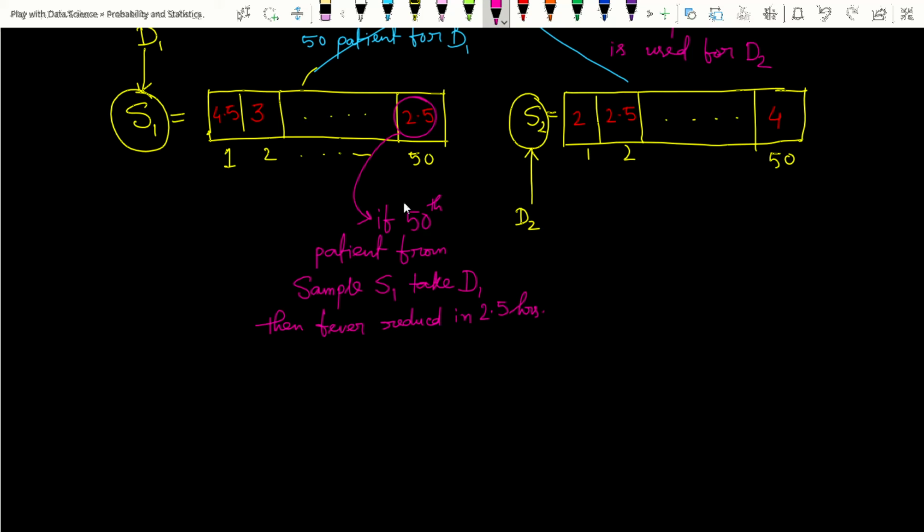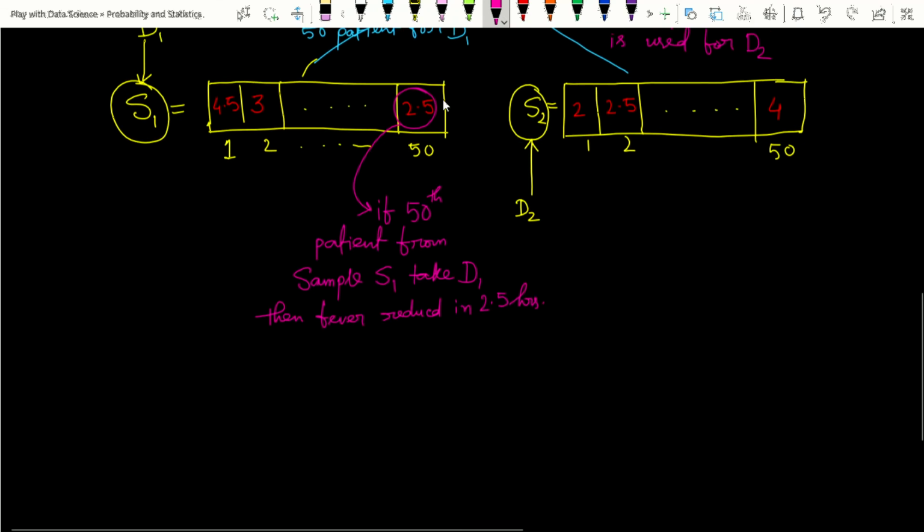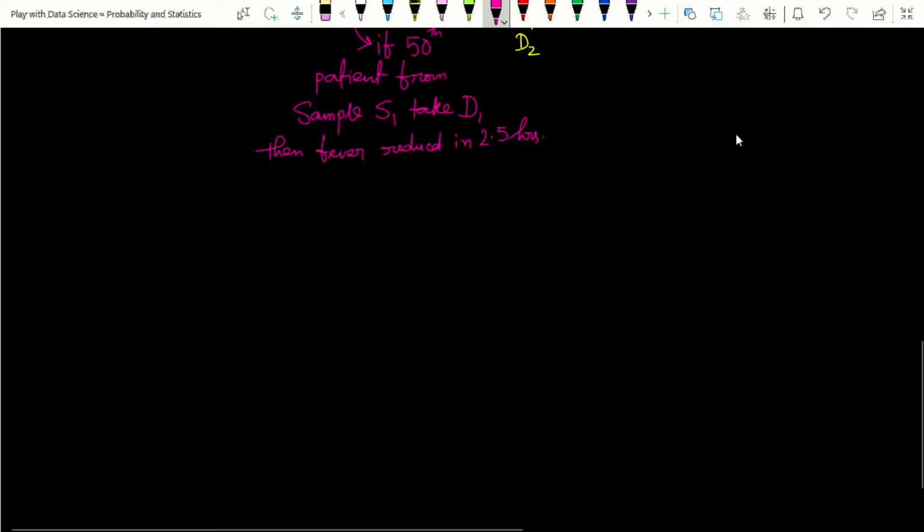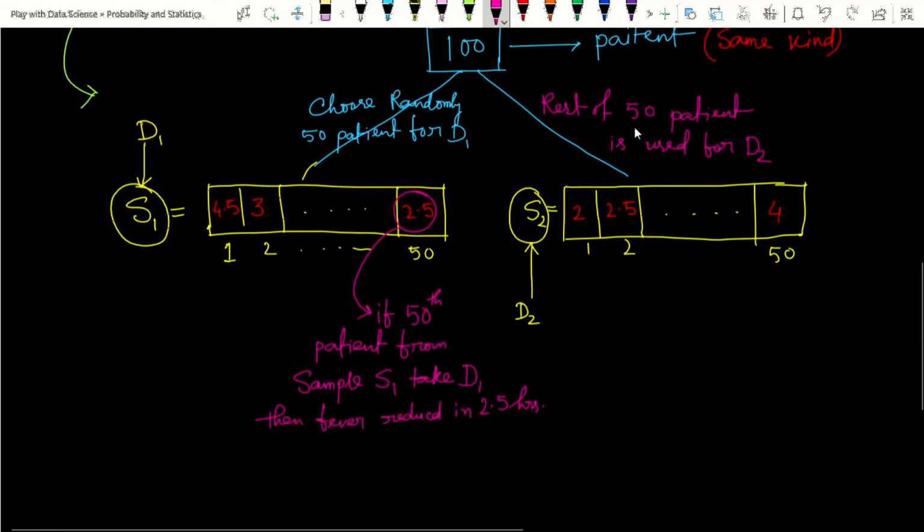This is the literal meaning. The same applies here: if the 50 patients from sample 2 take drug D2, then the fever reduces in 4 hours. That's the first experiment that we have to do.